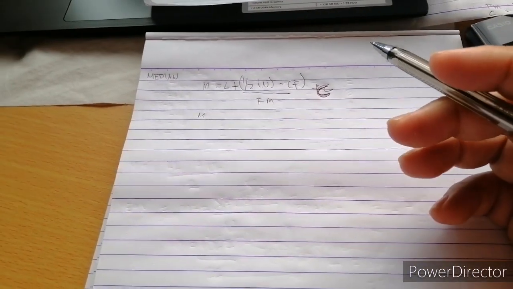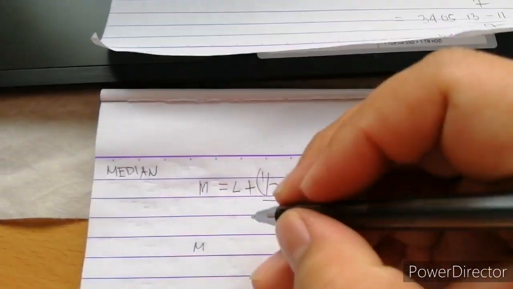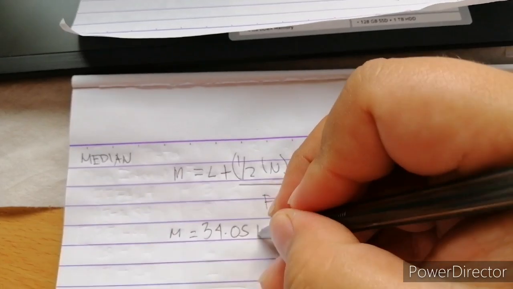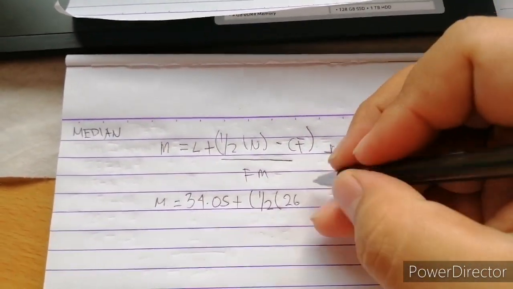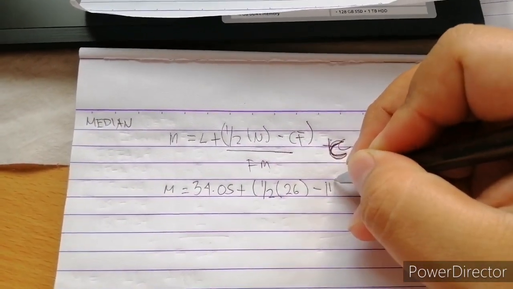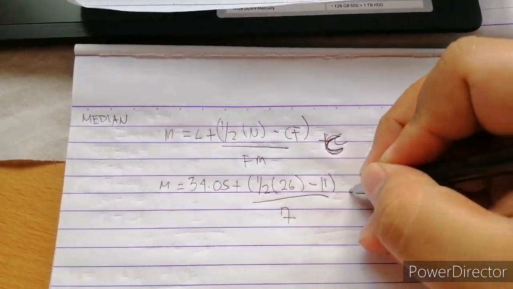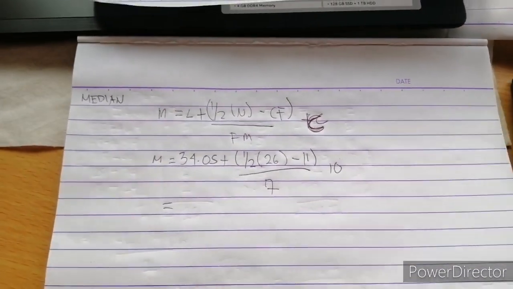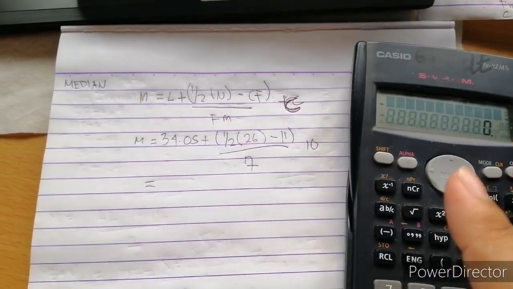So now let's proceed and substitute everything. So L is 34.5 plus one-half times 26 subtracted by 11, over 7, times 10. First we have to solve what's inside the parentheses.